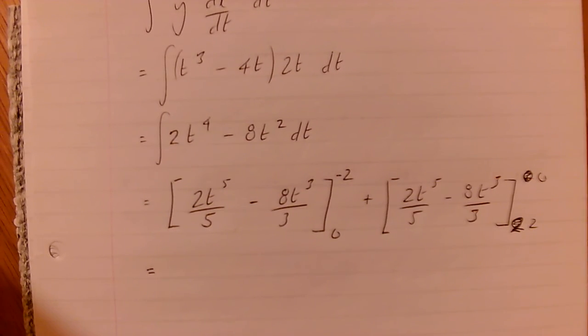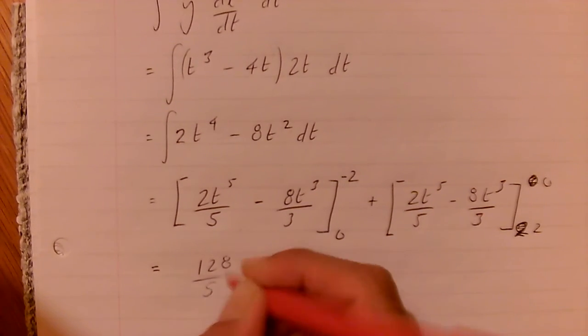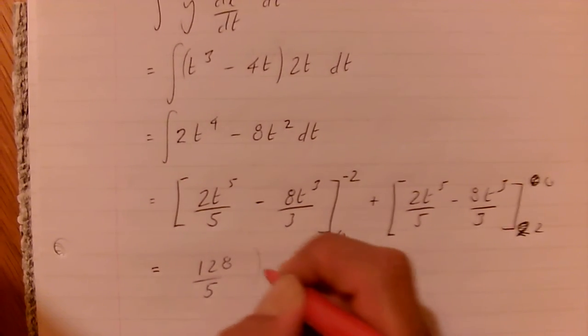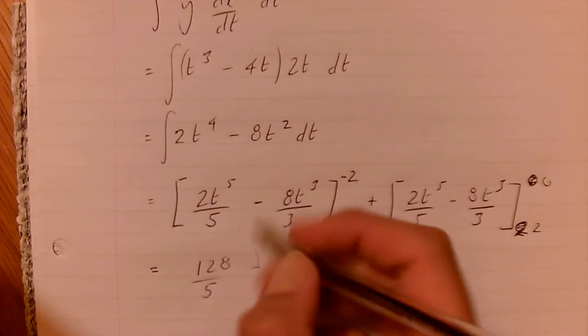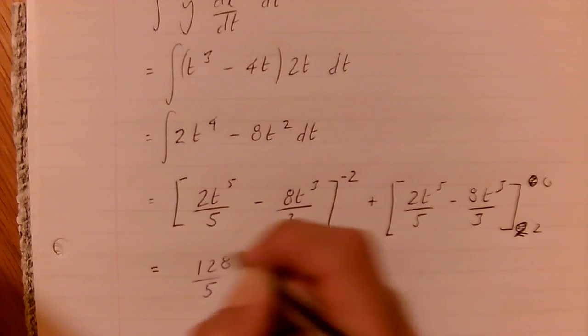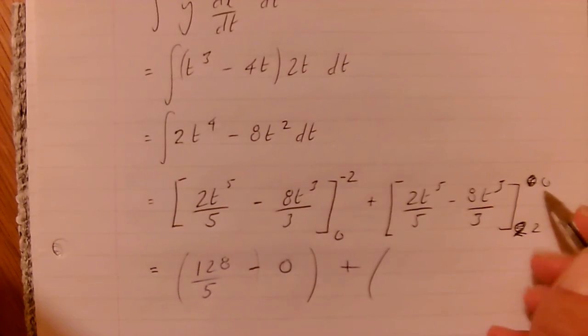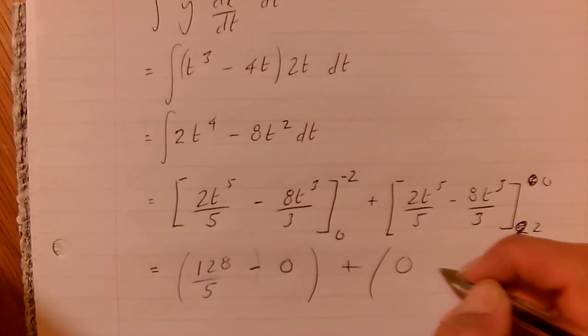So, I'm running out of time. This bit here, when you plug it in, will give you 128 over 5. Oh dear, the pens are starting to run out. And then obviously minus 0. And then this one here, when you put the 0 in, obviously will give you 0, then you do the minus for it.